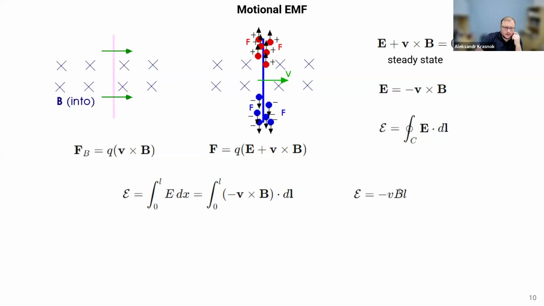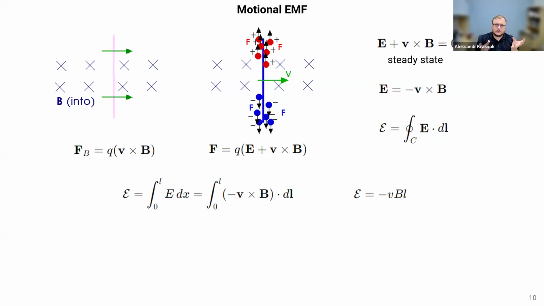So the electromotive force induced in a wire is proportional to the velocity, to the magnetic field, and the length of the wire, which means that if you need to increase this voltage, this EMF, you need to increase the speed of motion of this wire.